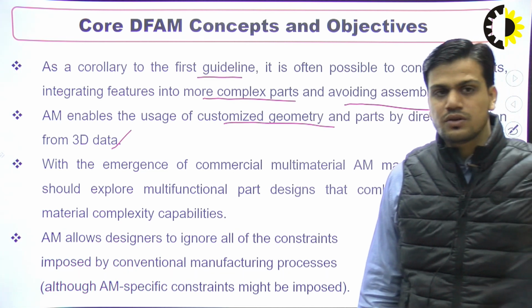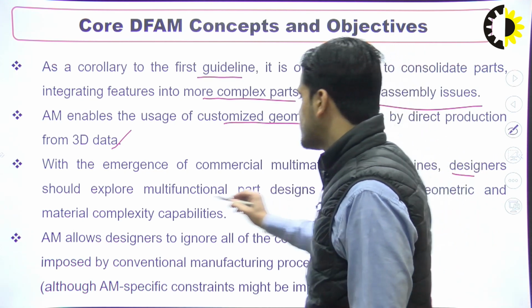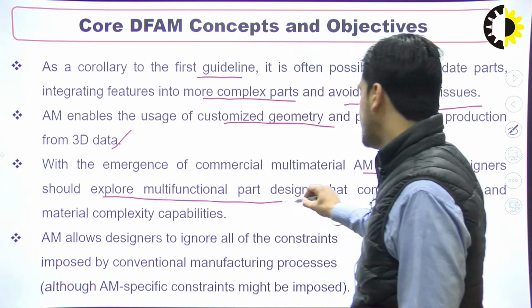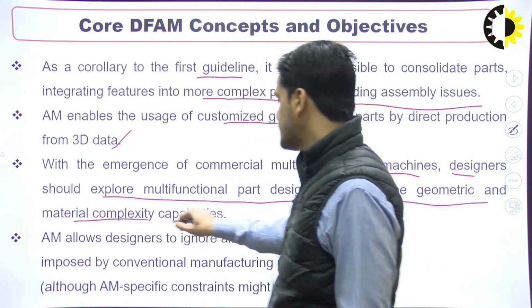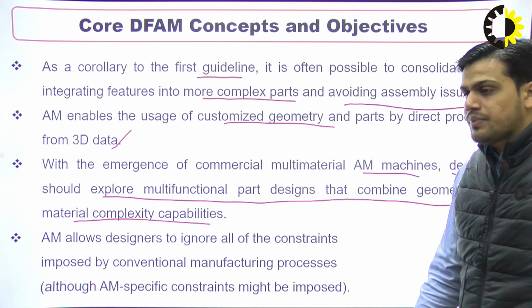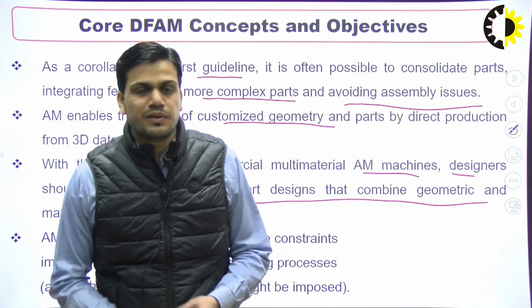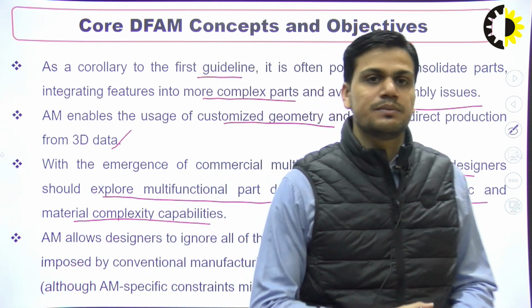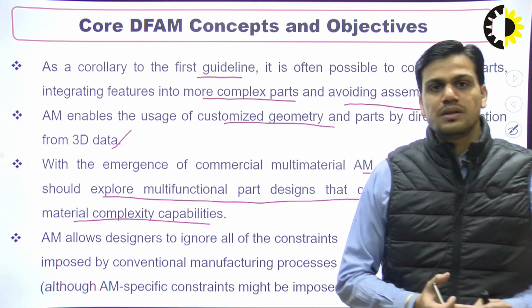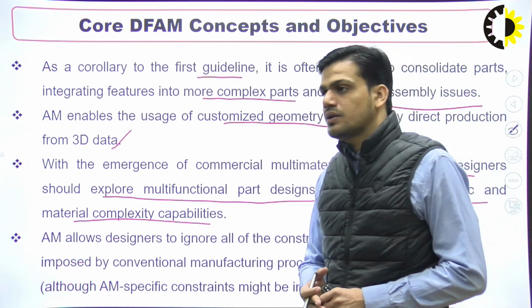With the emergence of commercial multi-material AM machines, designers should explore multifunctional part design that combines geometric and material complexity capabilities. If we talk about our body, it has different kinds of parts, and these parts have different functions.